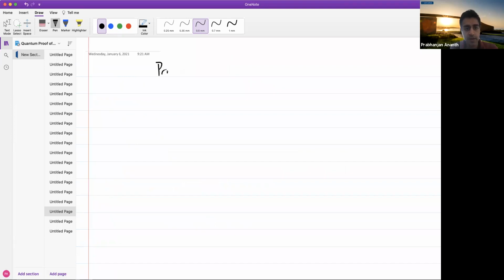So the protocol will be designed as follows.